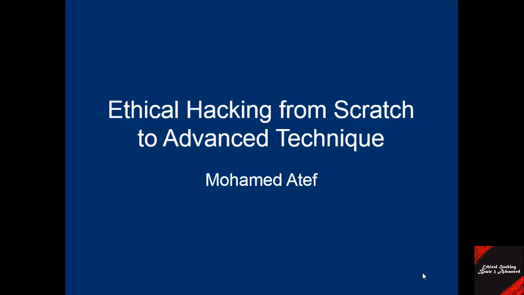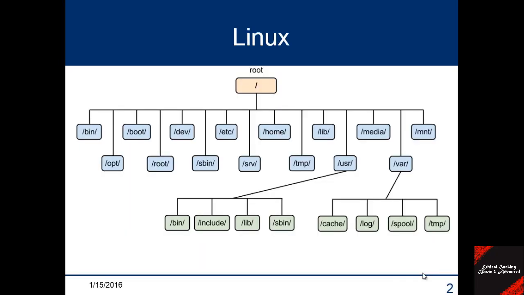In the previous section, I showed you how to download them and how to run them from a virtual machine. In this video, I'm going to go through the basic commands that you're going to need. But before going through the commands, I just need to point out the main difference between Linux and Windows, which is the file structure. Now, in Windows, how do we save and arrange our files and folders?